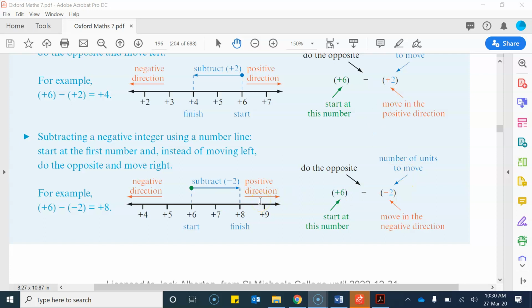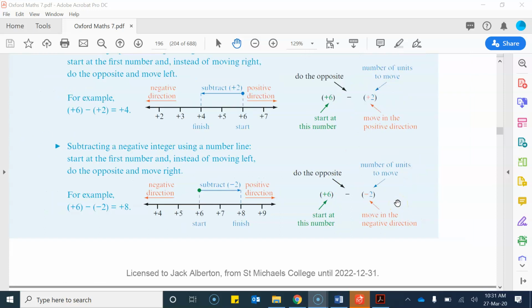So essentially, when you subtract a negative number, it's like adding that number to the original number. Yeah, so positive 6 minus negative 2 gives me basically positive 6 plus 2, which is 8. So you can see the difference between positive 6 minus positive 2 and positive 6 minus negative 2.